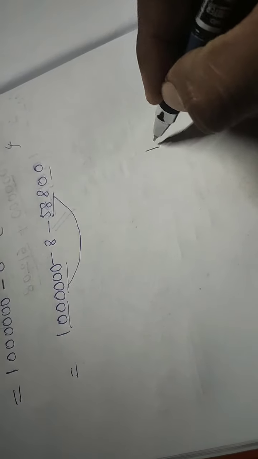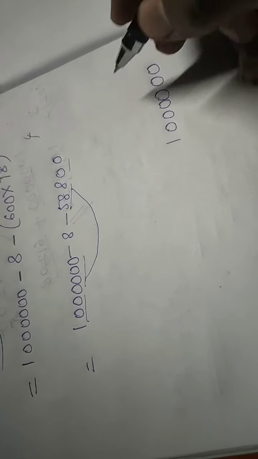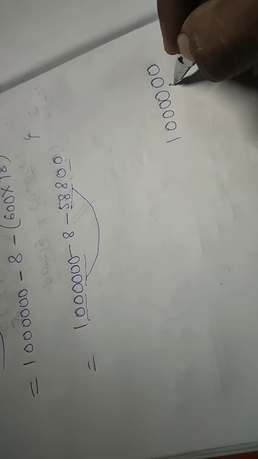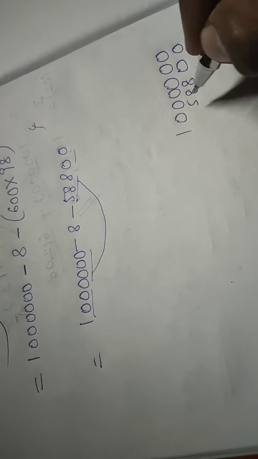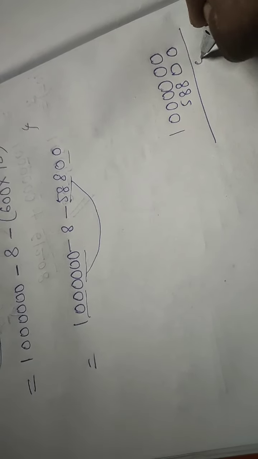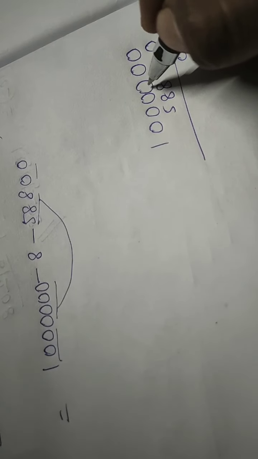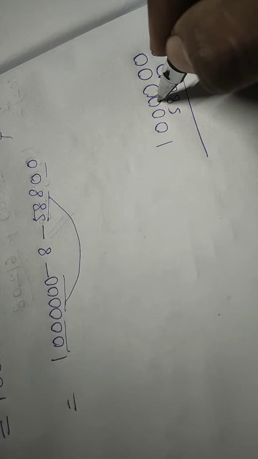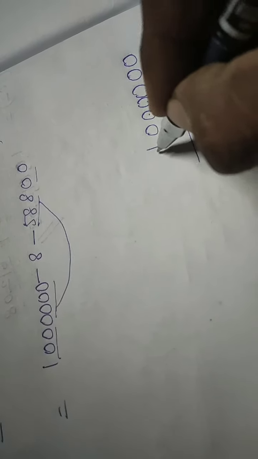Better write down here 1, 2, 3, 4, 5, 6, and write down this one also, 0, 0 as it is, 8, 8, 5. So 0 minus 0, up to here there is no issue. We should take borrow here, but here the number is 0, so we can't take. And here also 0, we can't take. Actually the overall number is 10.